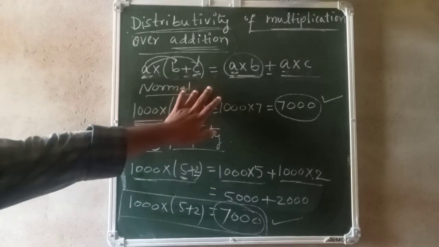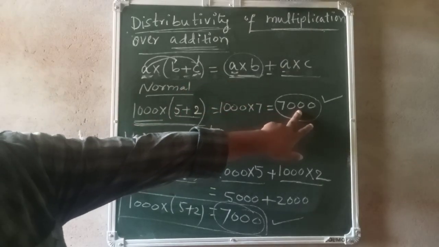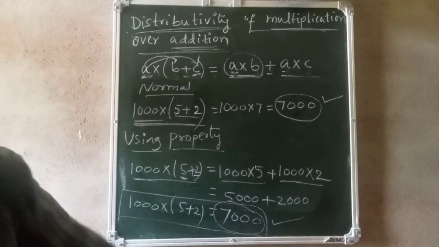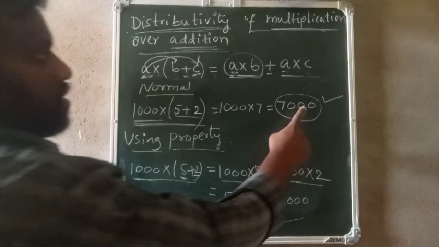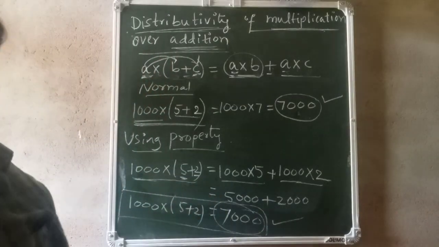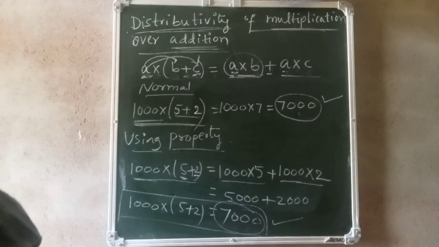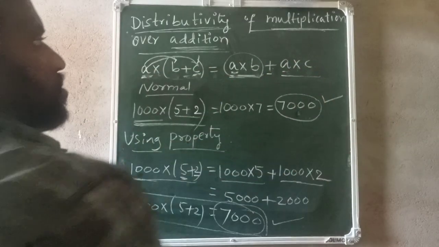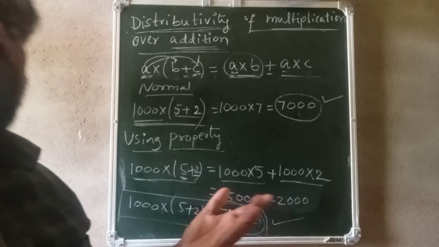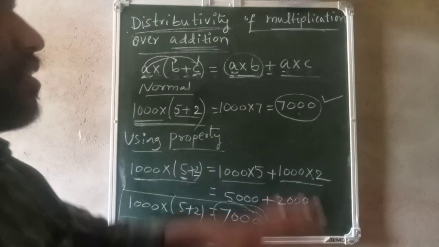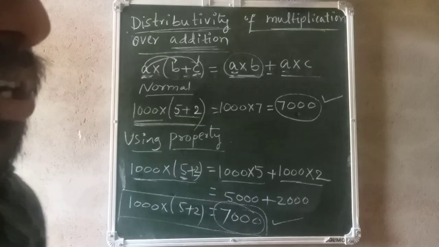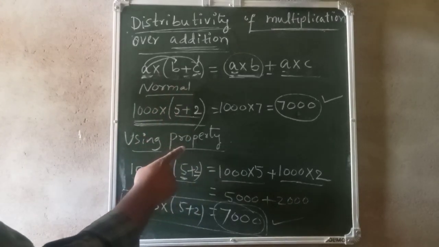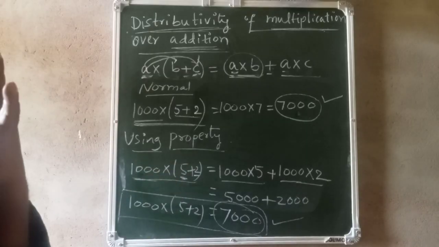Using normal multiplication, we got 7000 as the answer. Using this property also, we got 7000 as the answer. That means both the answers are matching. That means this property is correct. We verified this property using normal multiplication and using this property.